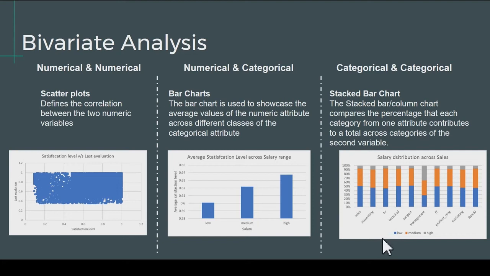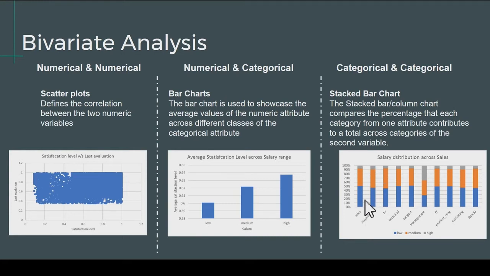We're trying to understand the distribution of salary segments across the departments. The department variable has different categorical levels like sales, accounting, HR, technical support, and so on. And we're trying to see the percentage of employees within each department belonging to the salary bands.